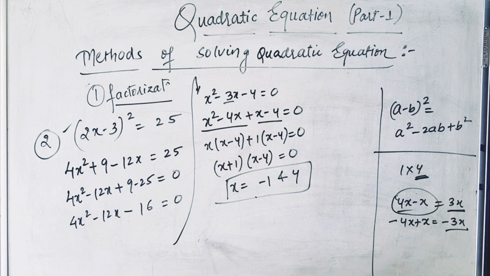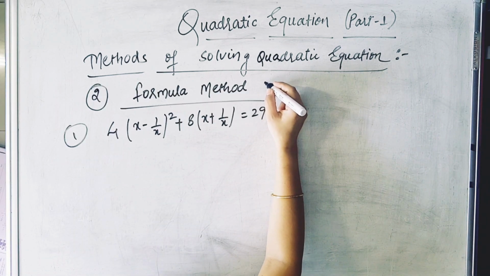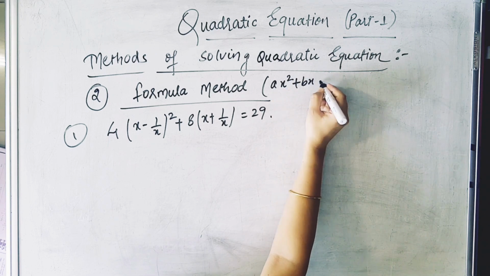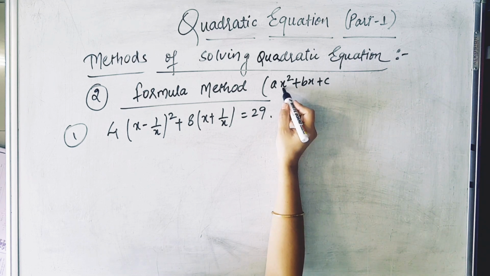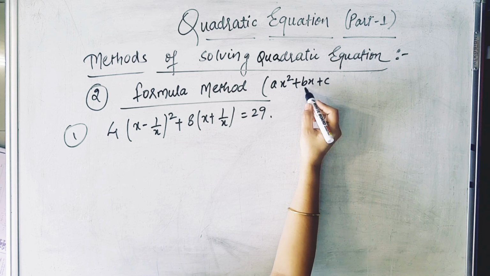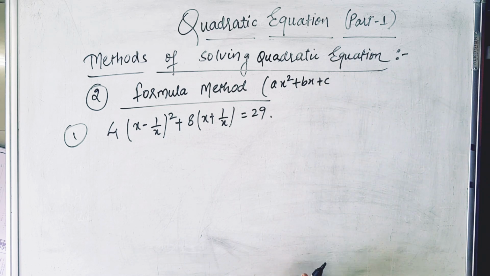Now we'll see the next method, that is formula method. See, now what does this formula method says? Formula method says quadratic equation is in the form of ax square plus bx plus c. That means the coefficient of x square is a and the coefficient of x will regard it as b, and c is the constant term over here.